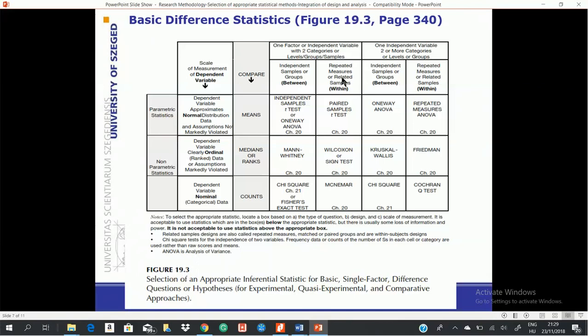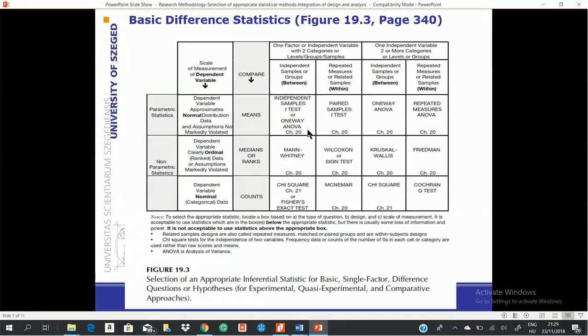For the related sample, for parametric, you can do paired sample t-test. You can see that the t-test consists of two kinds of tests: independent sample test and paired sample test, called according to the related sample or independent sample.